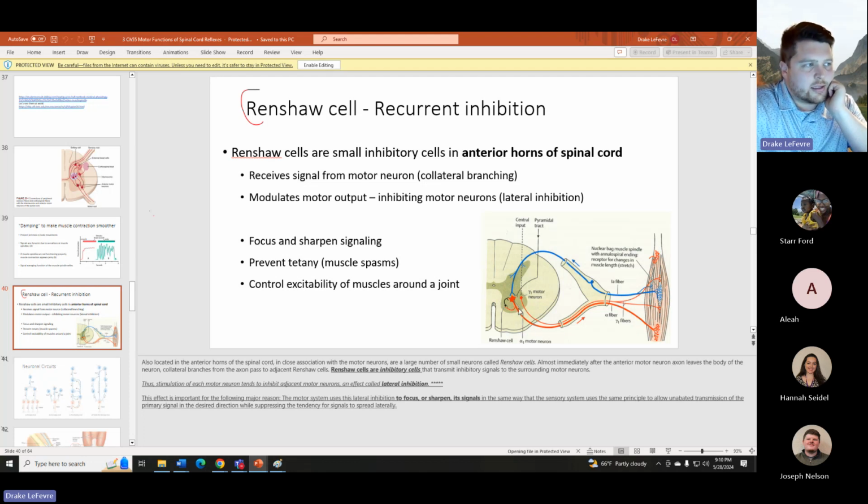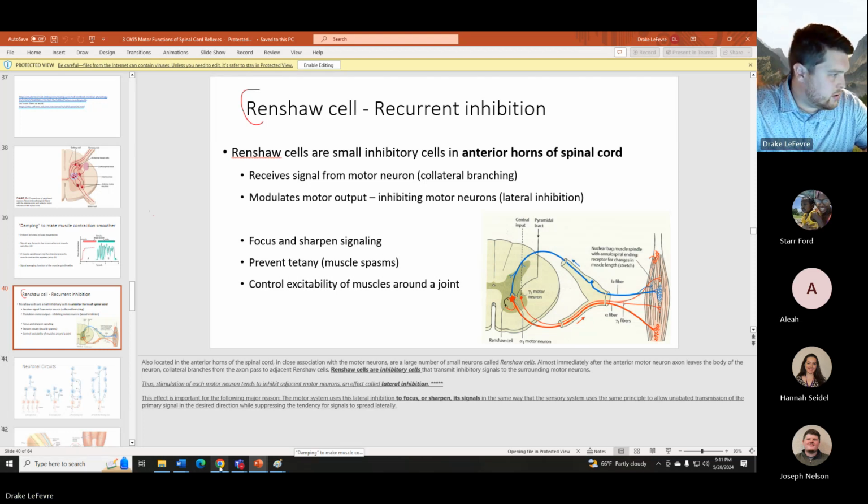A little separate extra branch comes off of the alpha motor neuron and binds to a Renshaw cell, which then doubles back onto the alpha motor neuron again, so that as soon as the first signal is sent, it comes in and inhibits itself. So it inhibits the alpha motor neuron to prevent repeated signals from occurring.